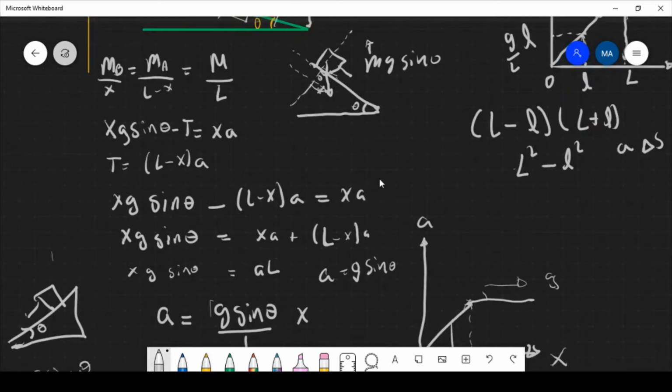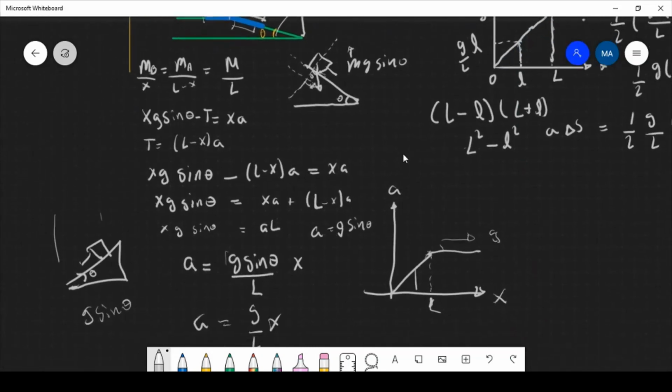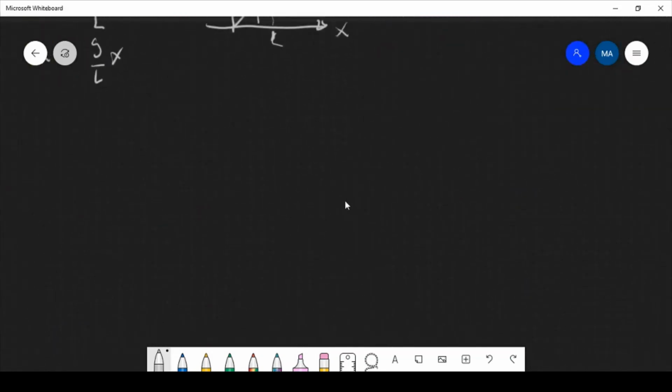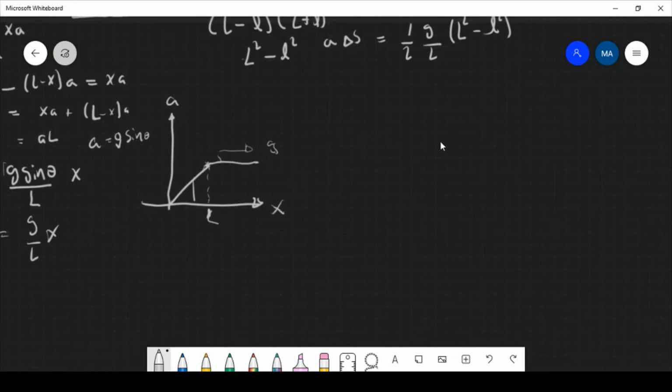So I think this is what I wanted to tell you about today. You can put a block over here, and this is the rope, and you can add friction.